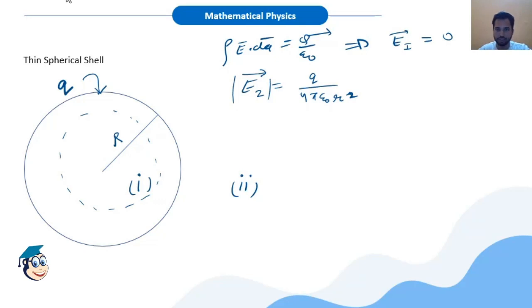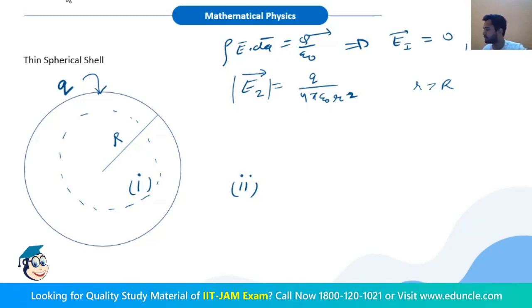So you know the electric field in both the regions, and this region is also known as r greater than R, and this region is also known as r less than R. Okay. So we are asked to calculate potential inside the shell. Let's say first we calculate the potential inside the shell, and then we will calculate the potential outside as well.